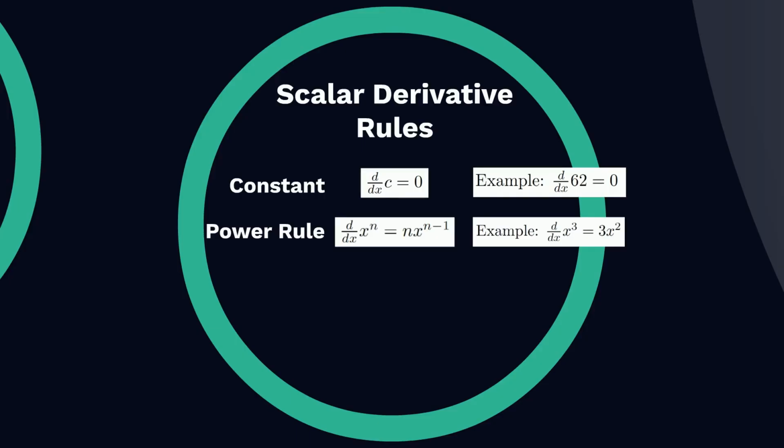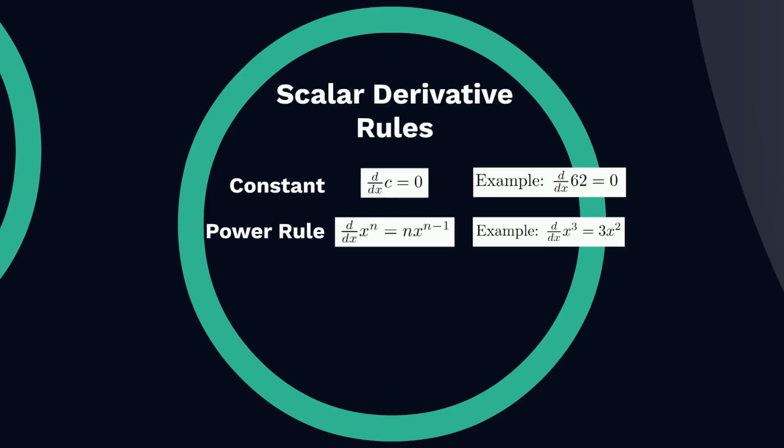The next one is the power rule, and this is probably the most important one. This is how you take care of variables in your derivatives. So if we have the derivative of x to the n with respect to x, we're going to calculate that by taking the power. We take the exponent and multiply it in the front, so that's why the n comes down, and then we subtract 1 from the exponent.